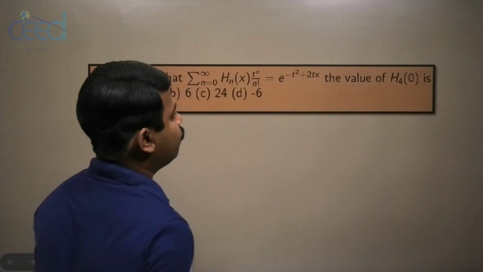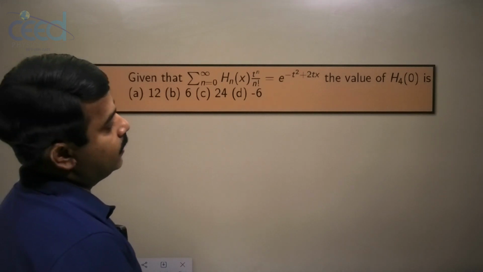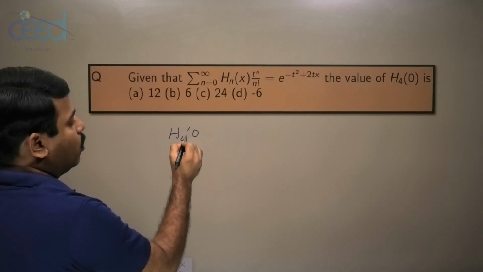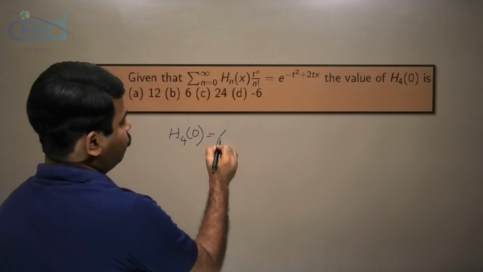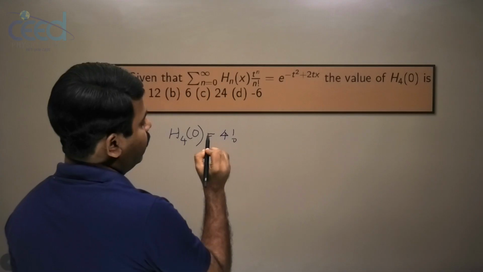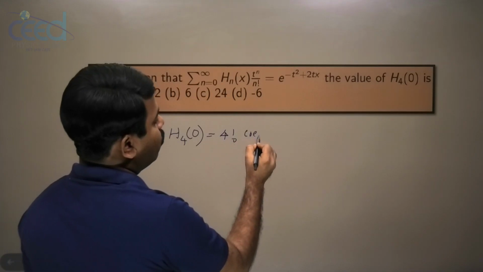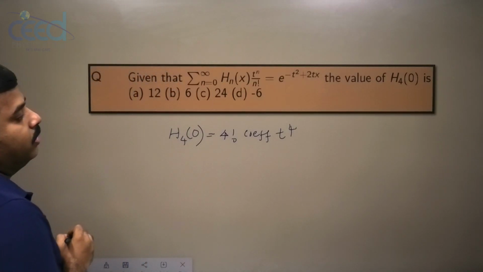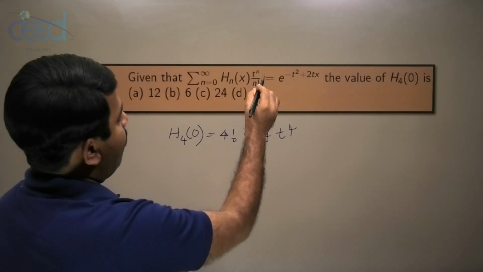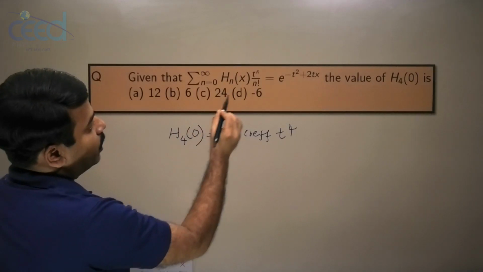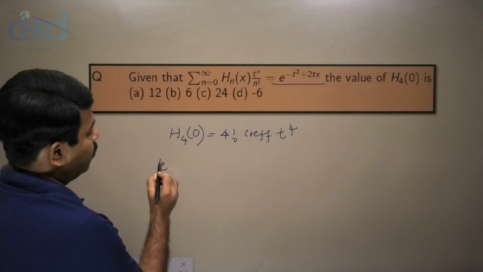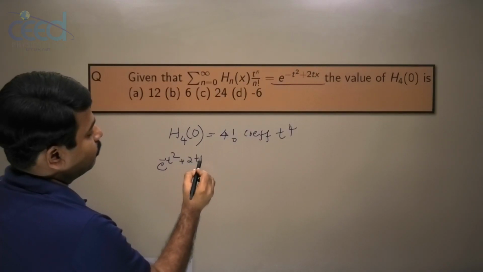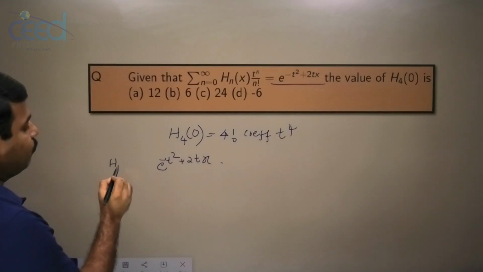The value of h_4(0) is equal to what? 4 factorial into the coefficient of t raised to 4. This only we studied. Now, our generating function is e raised to minus t squared plus 2tx.